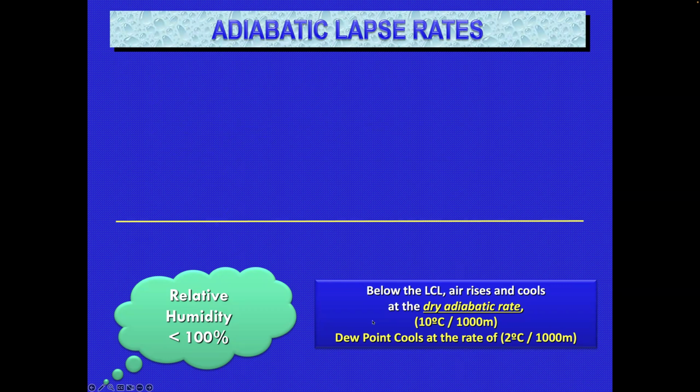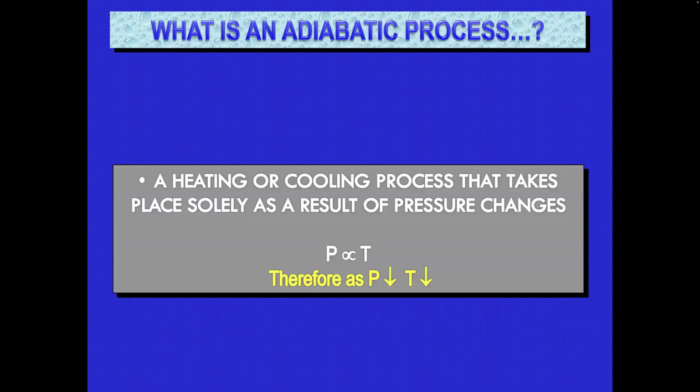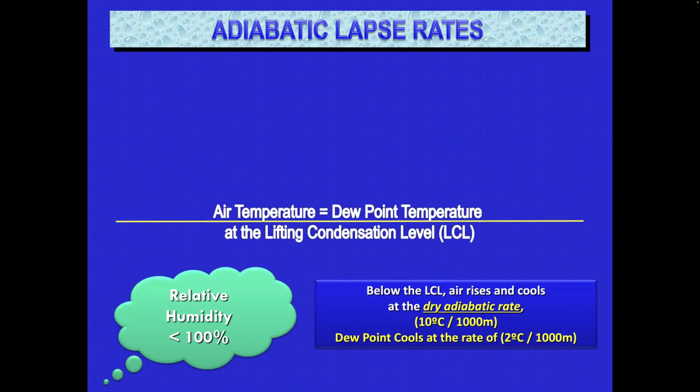So as that air rises from down here all the way up to here, the air is going to decrease in temperature at 10 degrees per 1,000 meters. Okay? Now at this point, the temperature of the air and the dew point are the same.